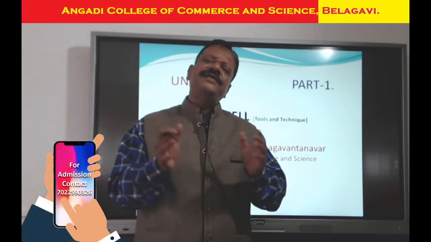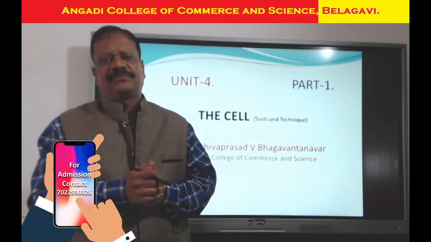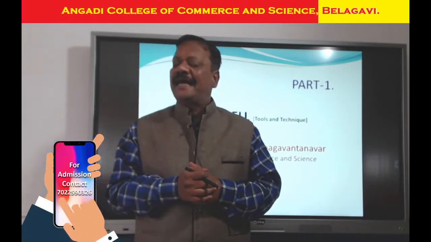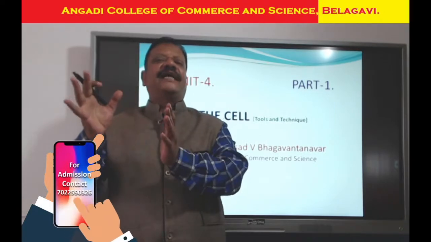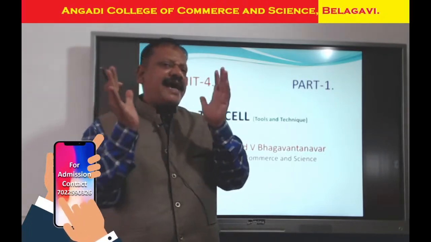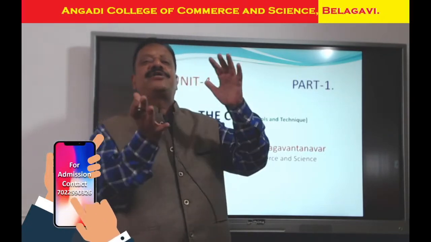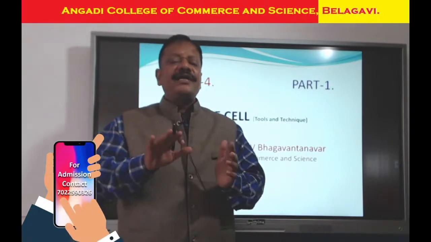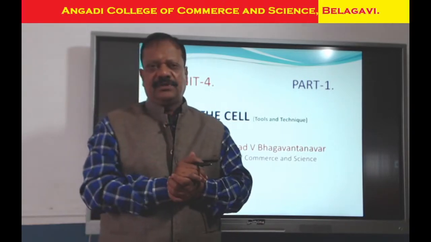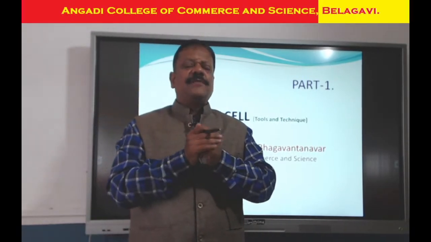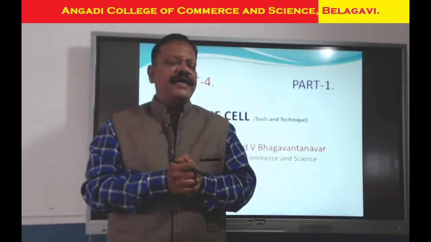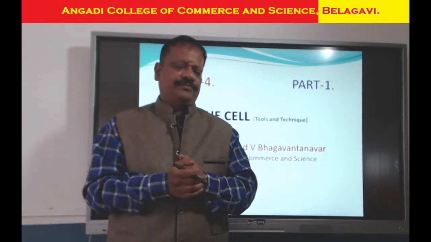Now here, when we take a cell as an example, the most important types of cells are prokaryotic as well as eukaryotic cells. Prokaryotic cells are very primitive cells, and eukaryotic cells are advanced cells. In prokaryotic cells, the nucleus is not membrane bound.